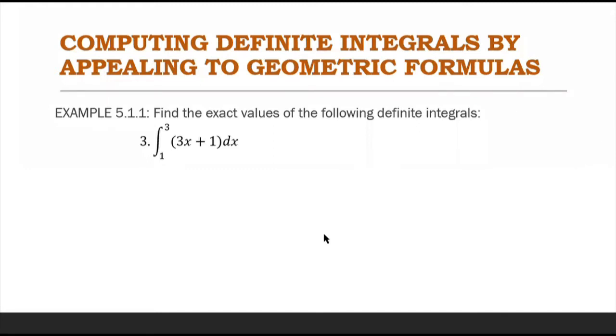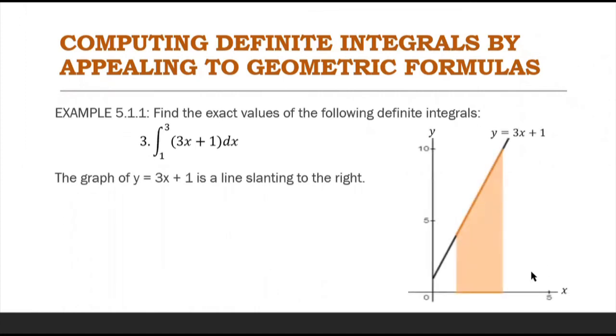Okay, for example number 3, under example 5.1.1, we have the integration of 3x plus 1 dx from 1 up to 3. The graph of y equals 3x plus 1 is a line slanting to the right. Ito yung kanyang graph, di ba? Ayan, yung black line slanting to the right.